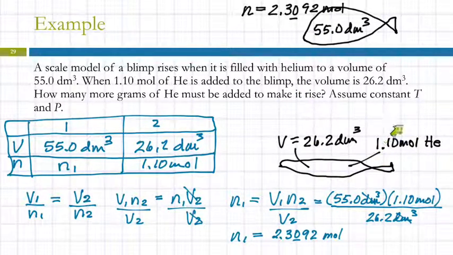Well, we've got an initial number of moles and a final number of moles. If we subtract, we could get the number of moles we need to add, right? So we want 2.3092 moles. We have 1.10 moles.